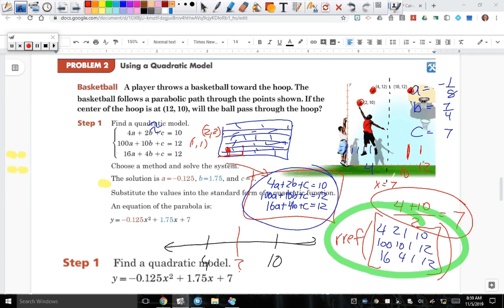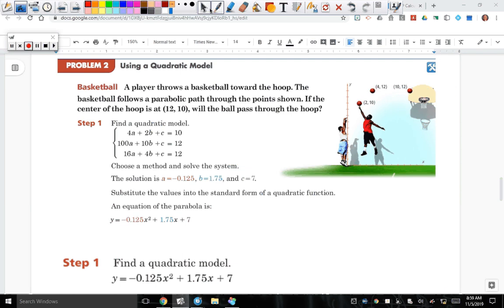Okay. So, one last thing. If I wanted to know that this was in fact going to make it and hit this, if I wanted to make sure that it was going to go in the goal, meaning that it would hit this position at x is equal to 12.